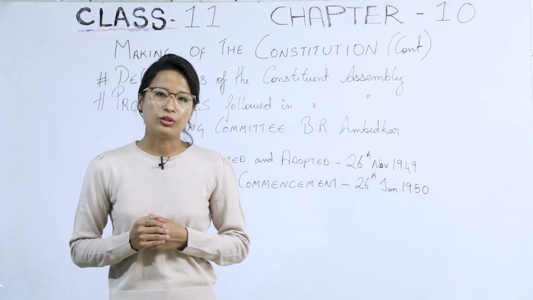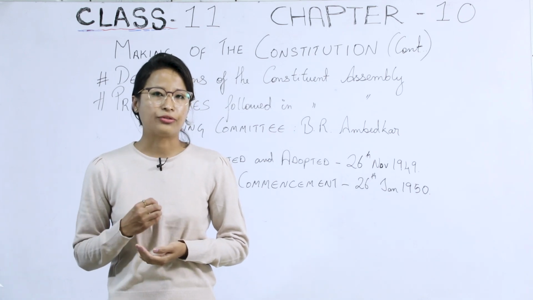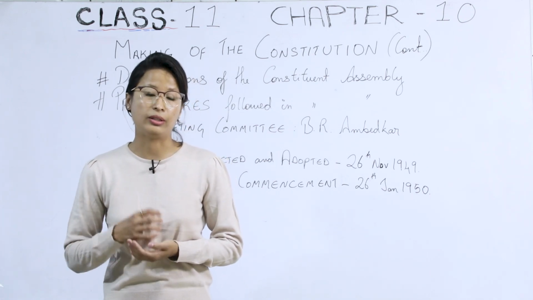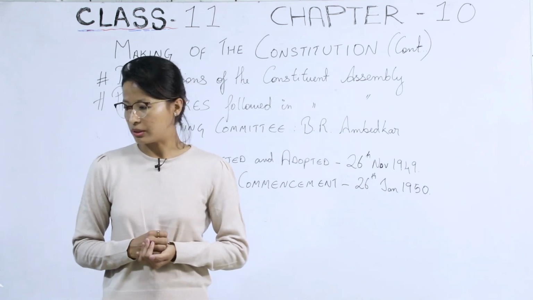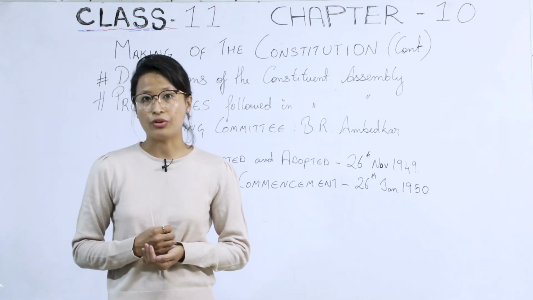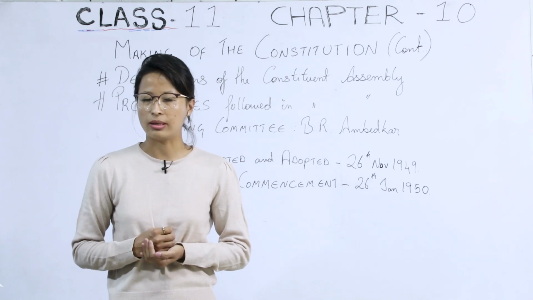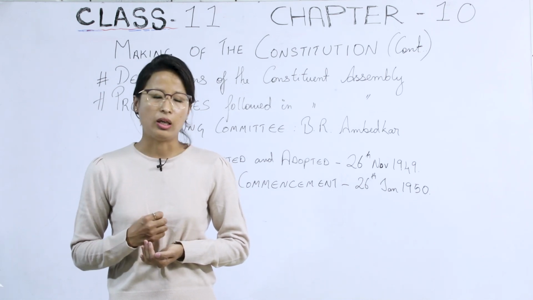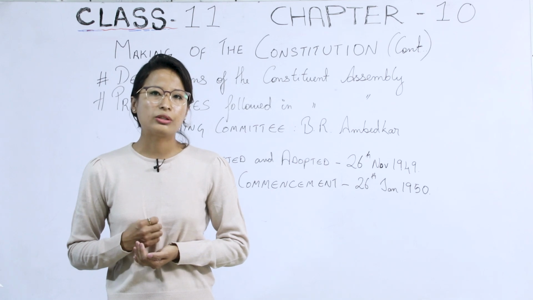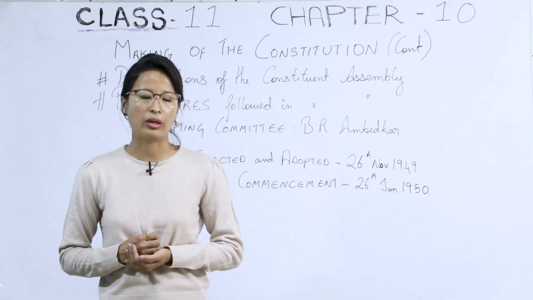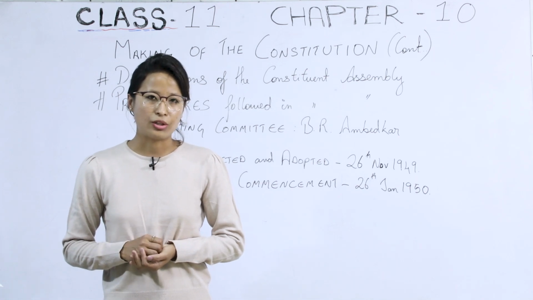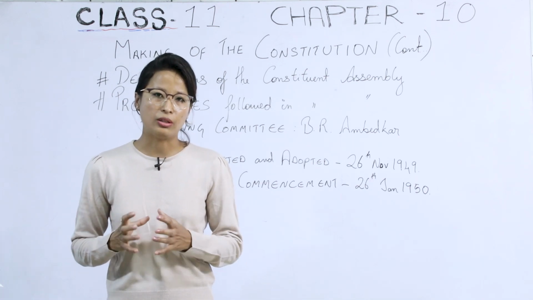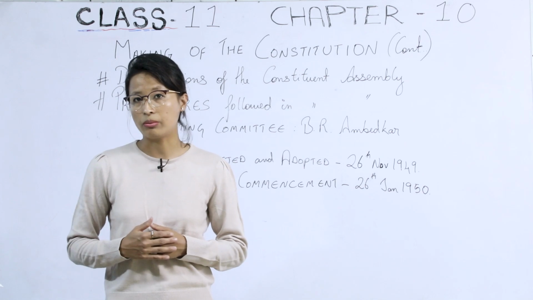The Constituent Assembly had its first sitting, that is the first meeting, on 9th December 1946. In this first sitting, Dr. Sachchidananda Sinha was the interim president, and he was the oldest member also.